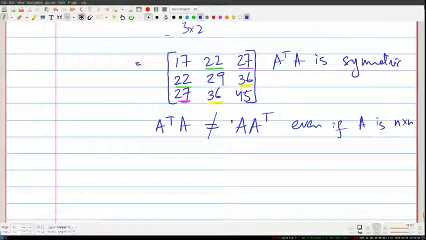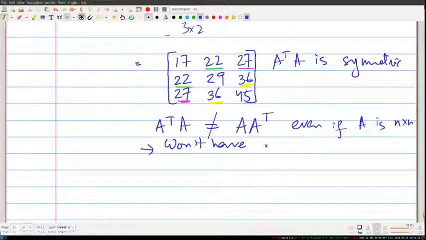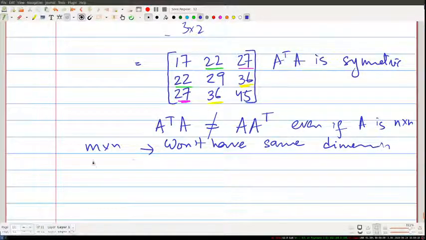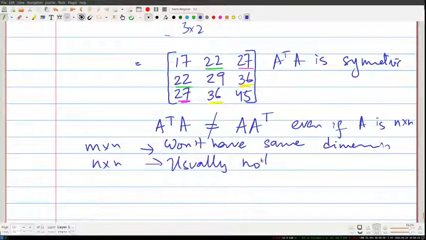In the m by n case they won't even have the same dimension, and even for n by n, they are usually not the same. Okay, so that's fine. You don't expect to get it either. It's not something that we're going to worry about. Okay, so that's symmetric matrices.